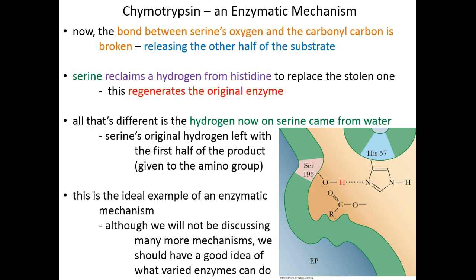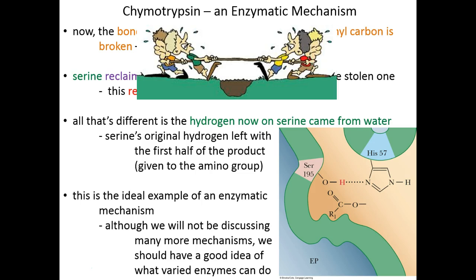We won't be discussing any more biochemical mechanisms in this course, obviously, because they take a lot of time and they're quite complex, but hopefully you have a good idea now of how catalysis actually happens and how enzymes can accomplish the jobs that they do.